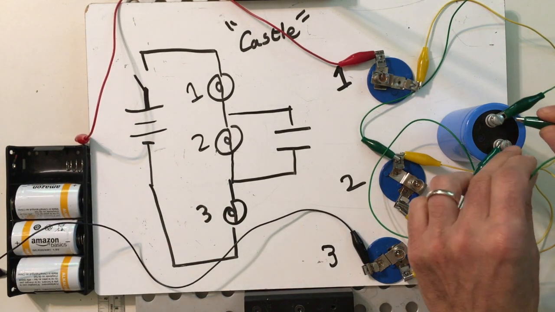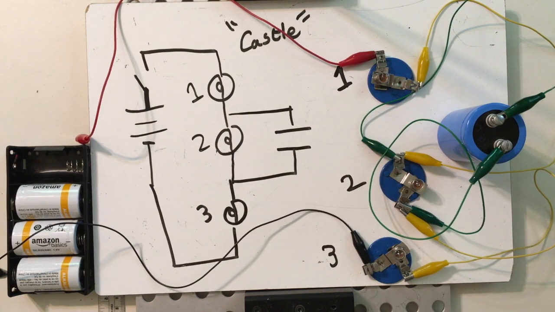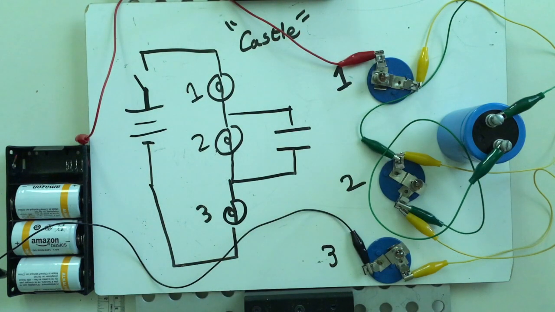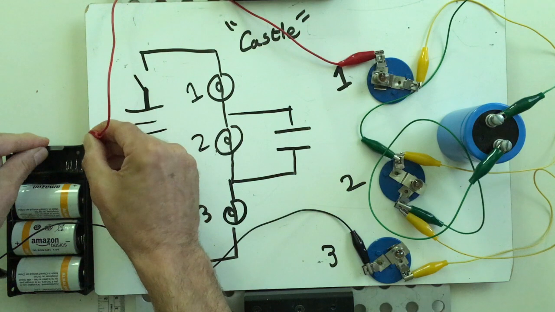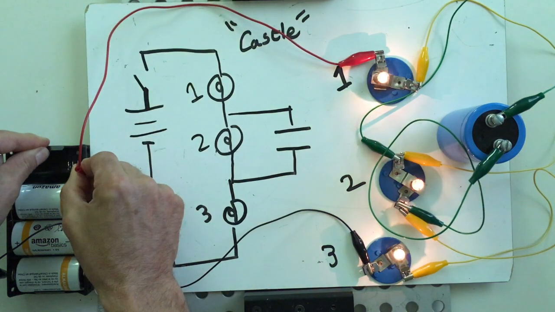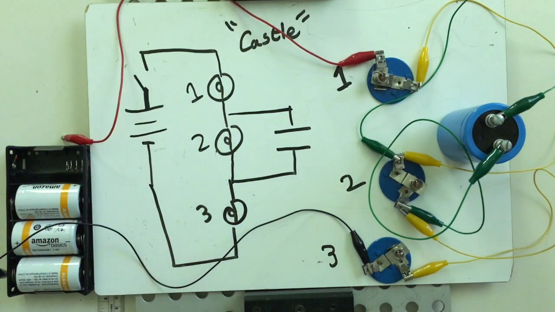Here we go. Disconnect it. I'll discharge it. This time I'll turn the lights out. That may make it easier to see. And let's watch again. One more time.